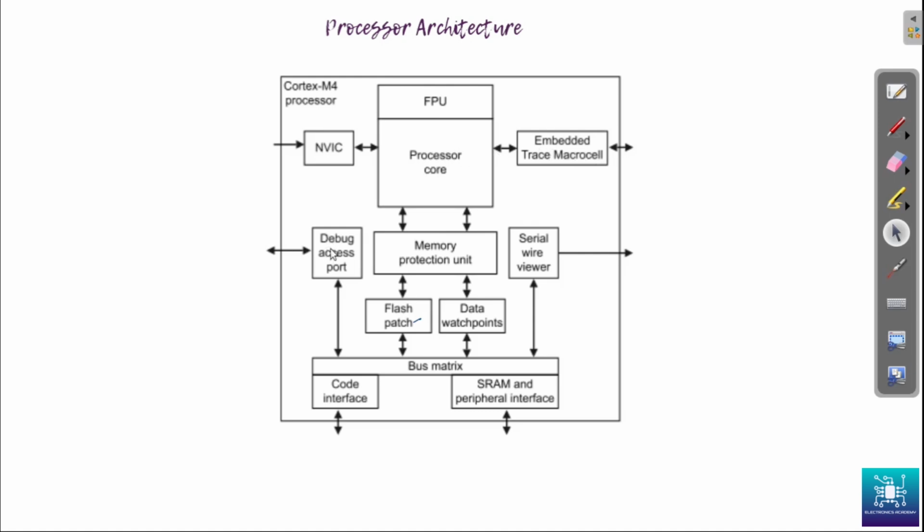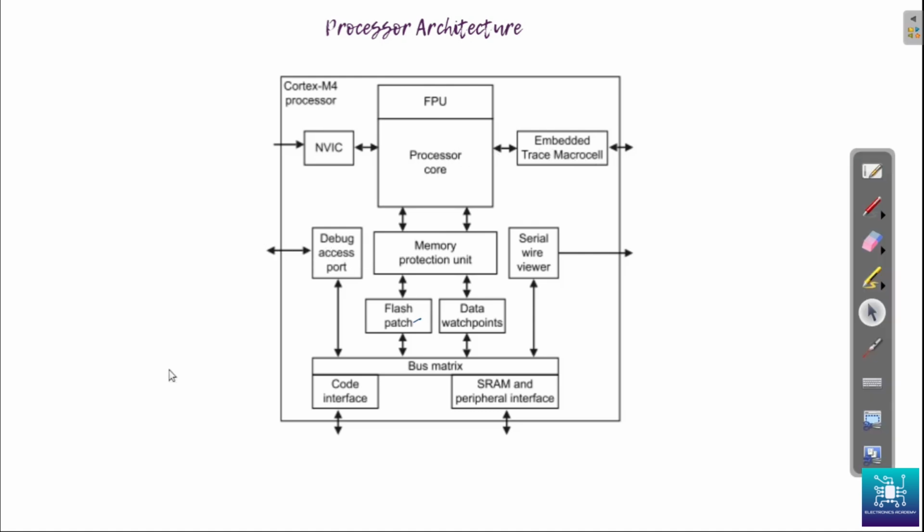Then you have the debug access port, which is used for debugging, which we shall see. That is, if we want to debug the program, single step, set breakpoints, and do all that, this is the debug access port, and this is internal to the Cortex-M4 controller.